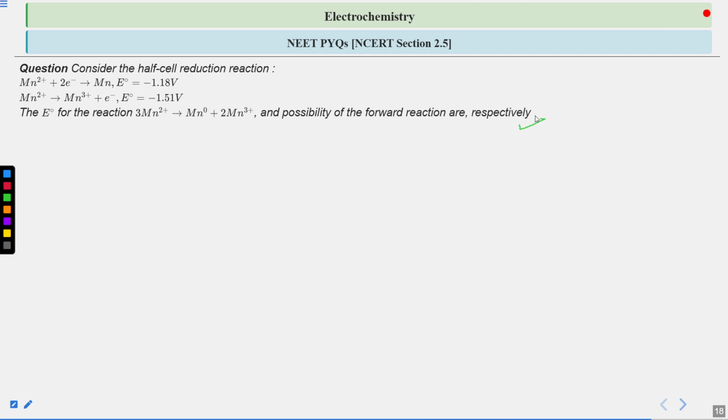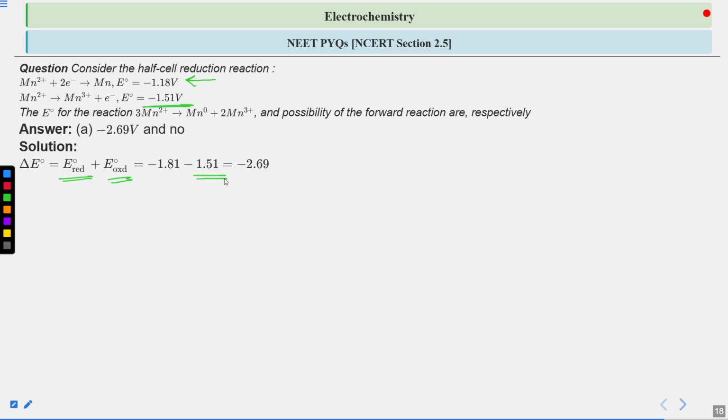For this question, the correct answer is option A, that is minus 2.69 volt and no. The delta E naught value is defined as the reduction potential plus the oxidation potential for a cell. The reduction potential is minus 1.18 and the oxidation potential is minus 1.51, and when you add them, this will be minus 2.69. So this is delta E naught.